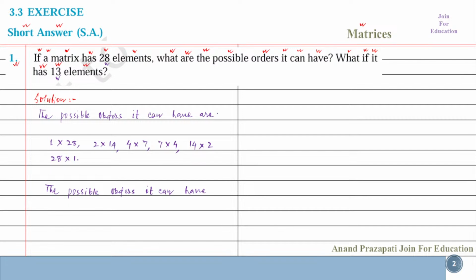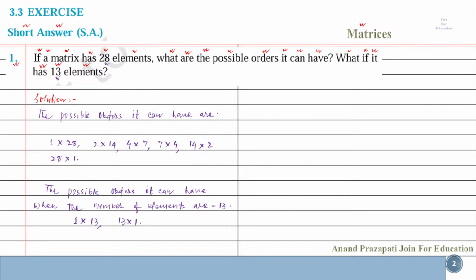When the number of elements is 13, it can have 1 by 13 and 13 by 1.